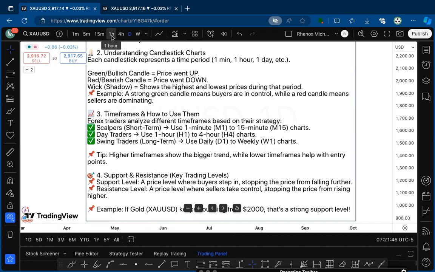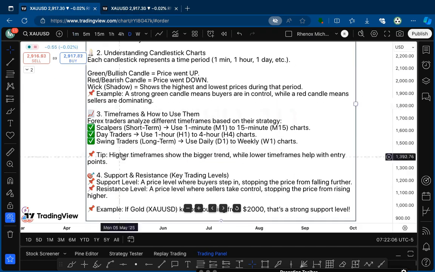Yeah, I personally am more of a day trader. I trade between time frames of 1 hour and the 4 hour. Understand? Sometimes I do scalp as well, I move down to the 1 minute to take my trades.